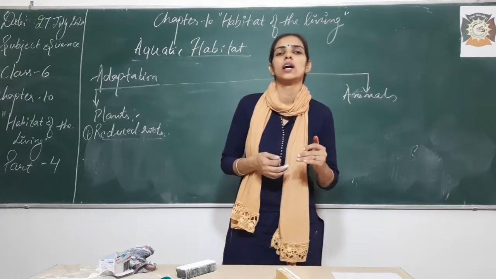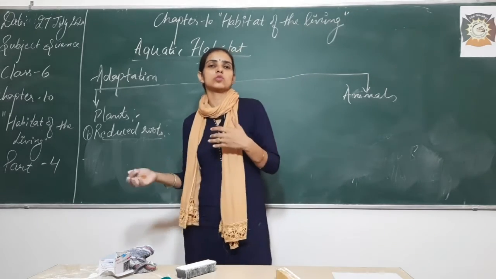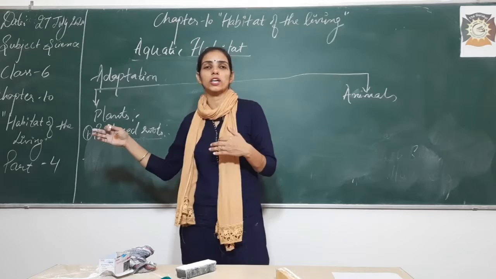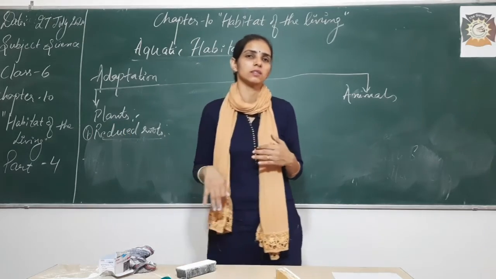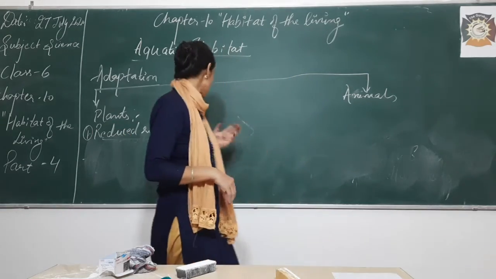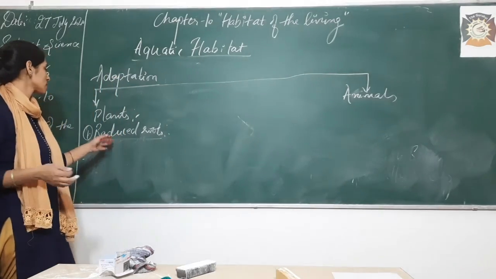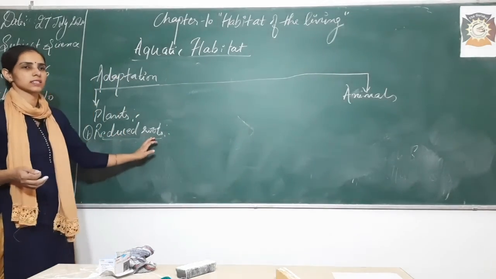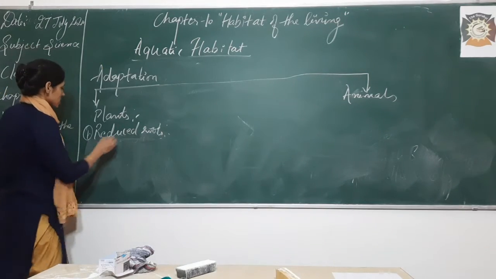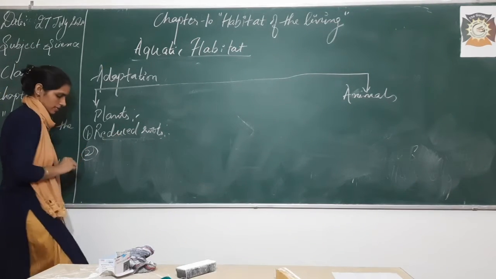What do the roots do? They need to be deeper so that they can search for water deep inside the earth. But here, as water is easily available, there is no need to have long or deep roots. So reduced roots is the first adaptation, the first feature we can say.